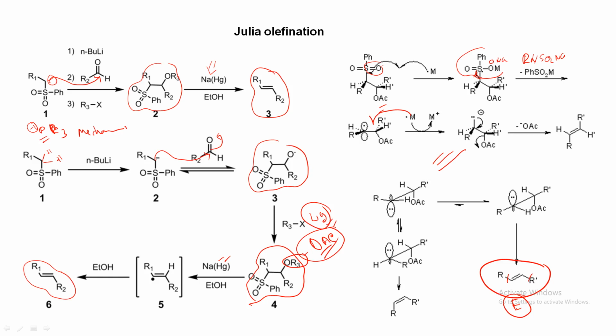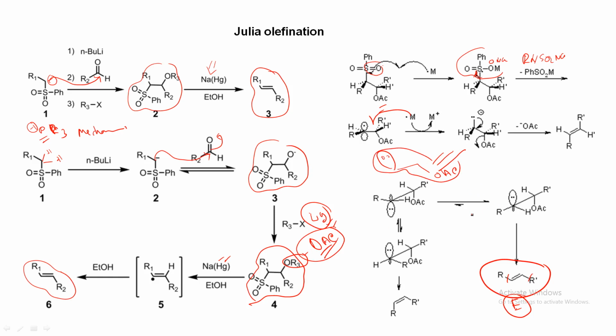As it is an E2 type of elimination, the electron cloud and the leaving group OAc should be in an anti arrangement, right? This anti arrangement is required for the final elimination.